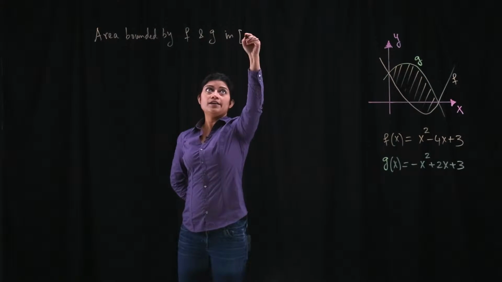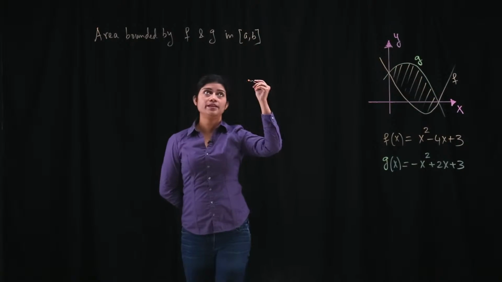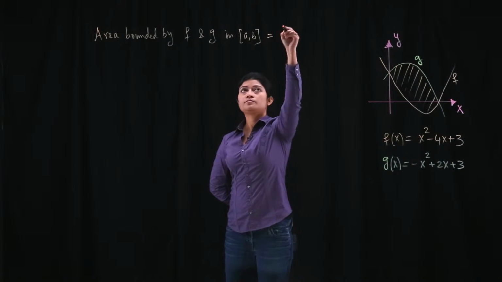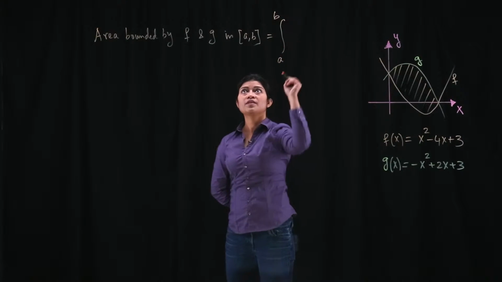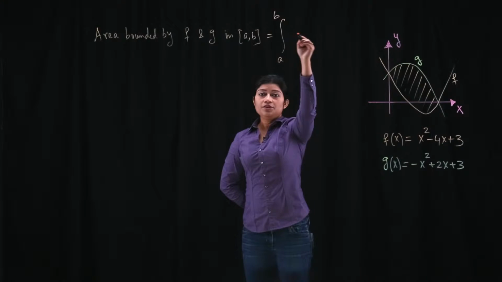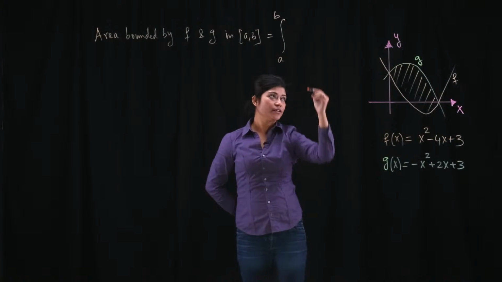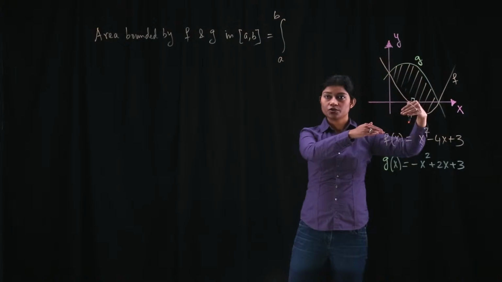So inside, say, the interval AB, the setup is the integral from A to B, and then you have to write down the function here. It is the difference of these two functions.